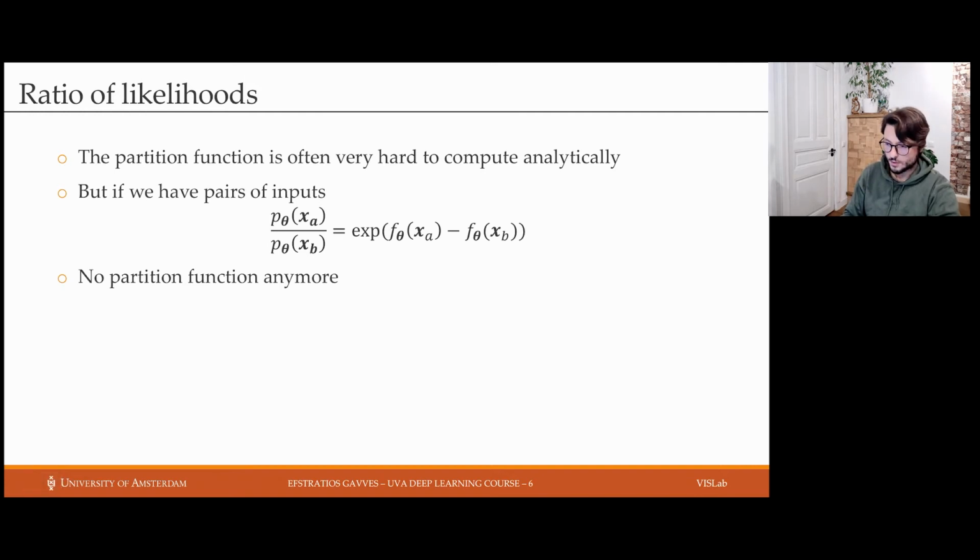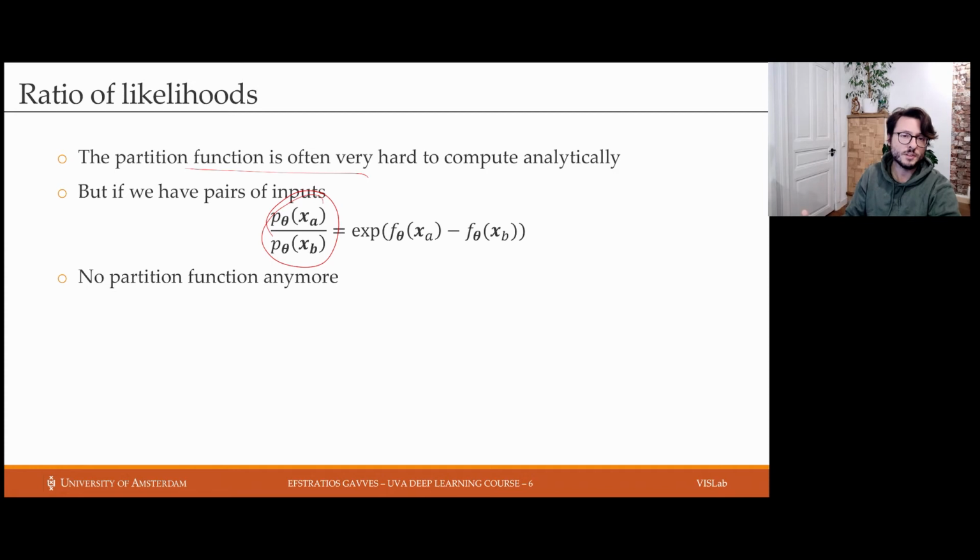Now, one of the things that we can do to help us with the partition function is use ratios of likelihoods. So the partition function is often very hard to compute. However, we note that if we take the ratio of two likelihoods, the partition functions cancel each other out.